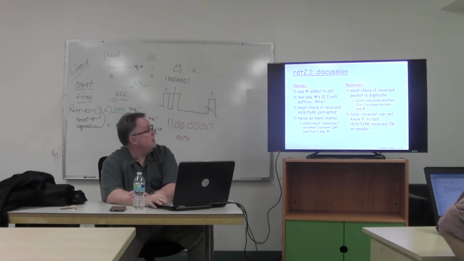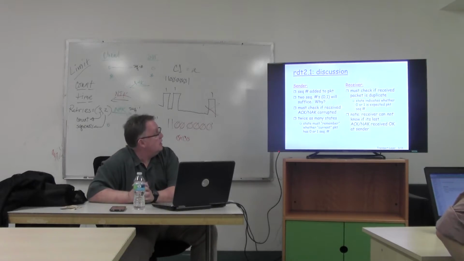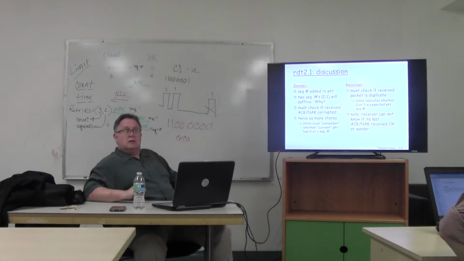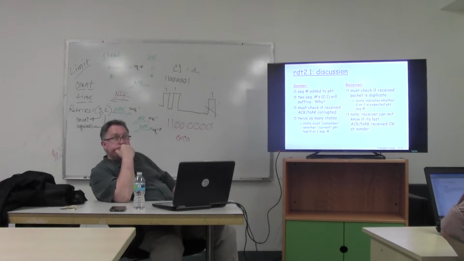All right. So, discussion. Sequence number is added to the packet on the sender side. In this case, we're saying 2 sequence numbers will suffice. Why? Data transfer is unidirectional.